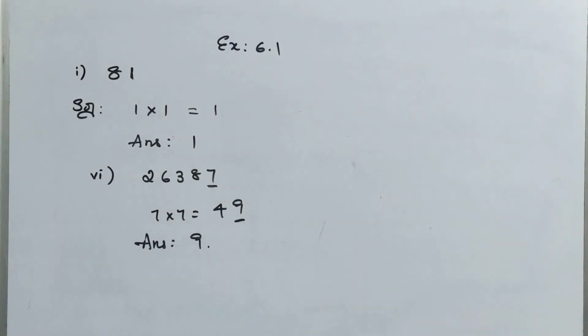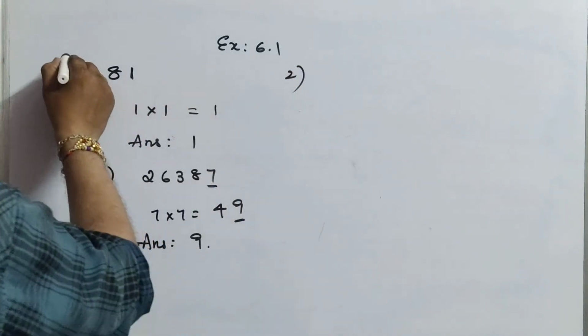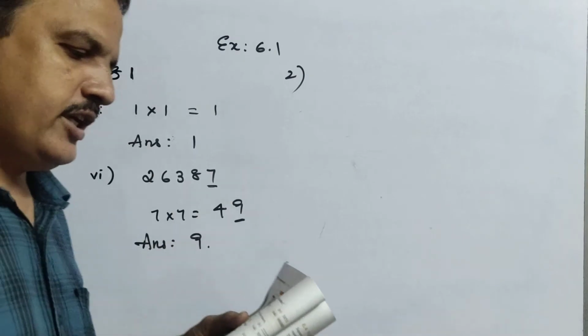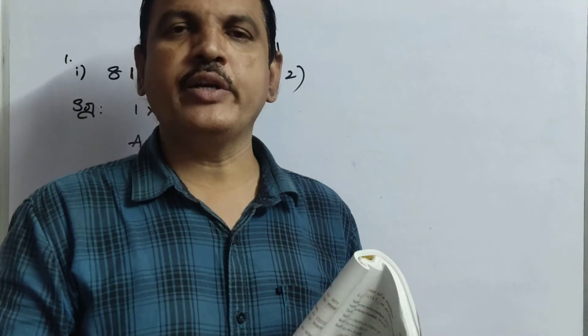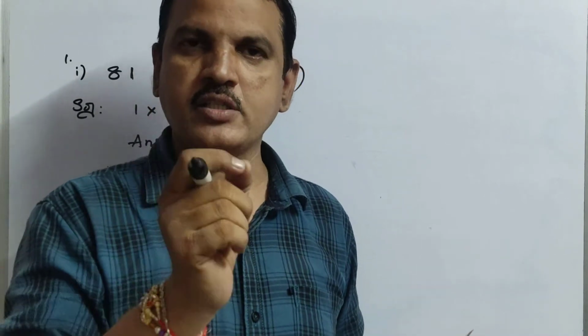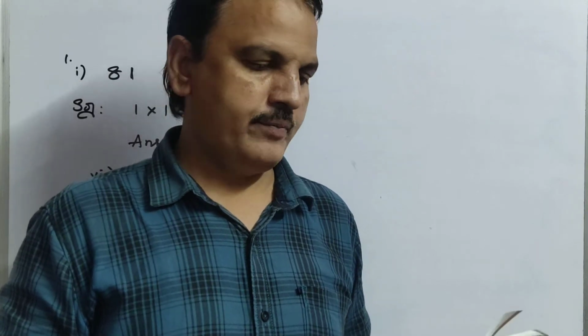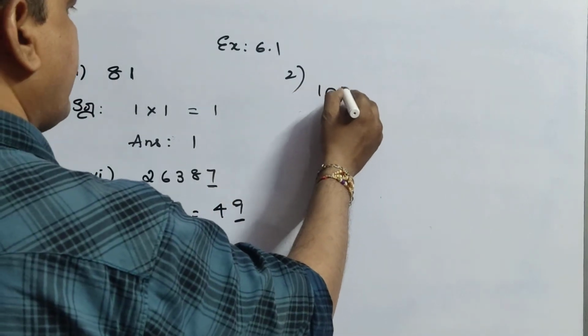Next, coming to the second question. That means second Roman. This is first Roman. The following numbers are obviously not perfect squares. Give reason. Okay, just now we discussed how you can easily identify whether it is a perfect square or not. If it is not a perfect square, you just write the reason behind that. Okay, see here, 1057.